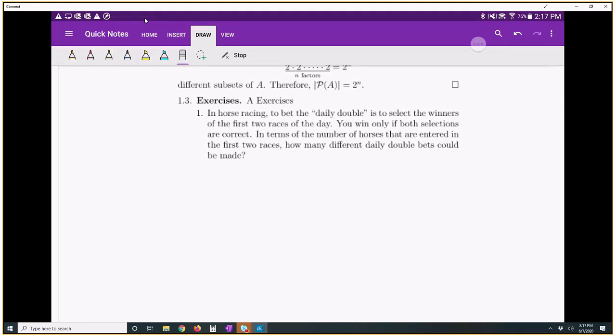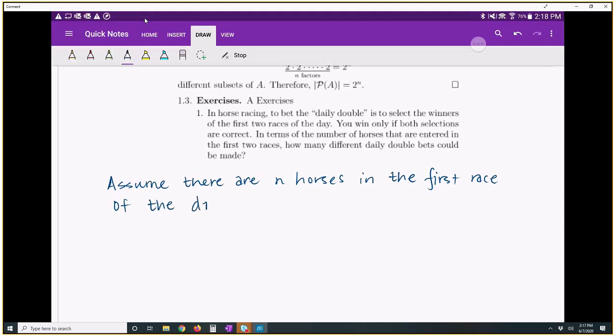So we're going to do this sort of abstractly. We'll say, assume there are n horses in the first race of the day, and maybe m horses in the second race of the day.